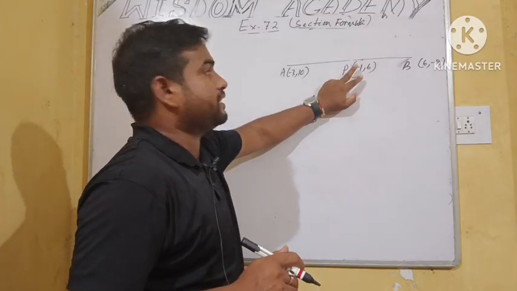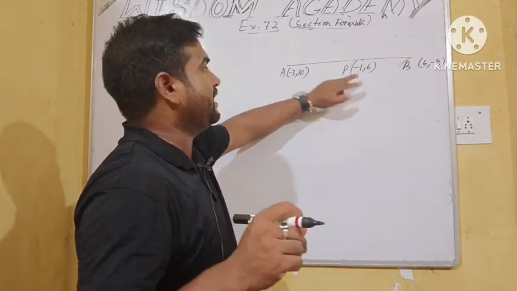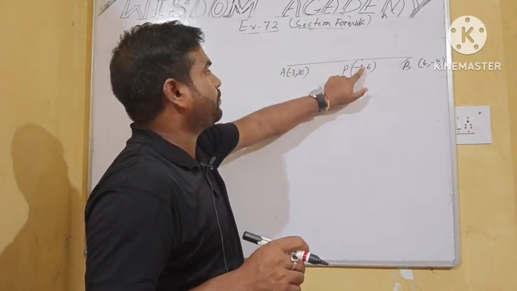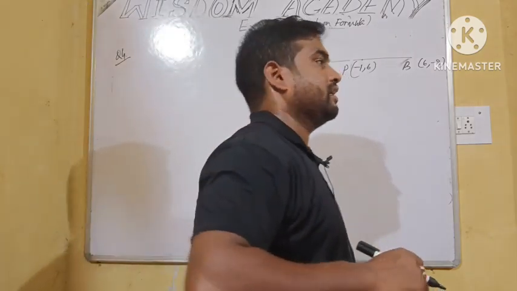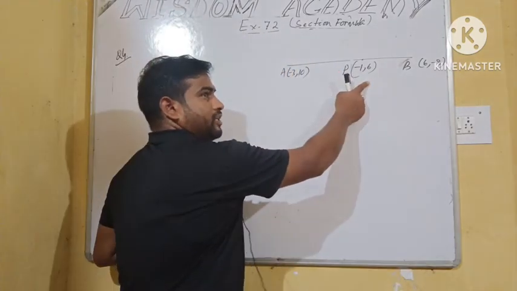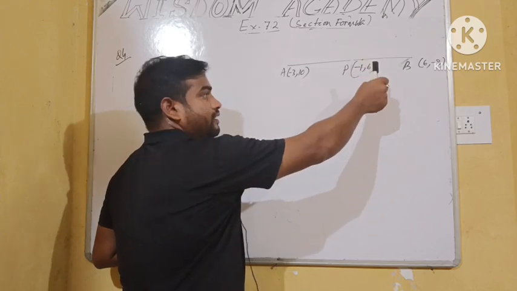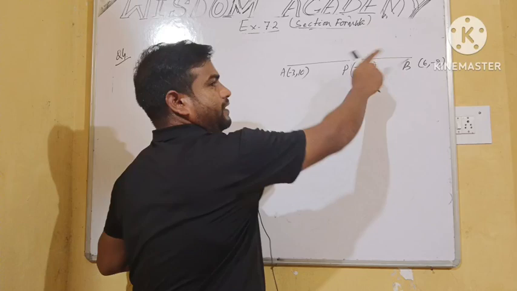The point of division is given as (-1, 6), but we have to find the ratio in which P divides AB.